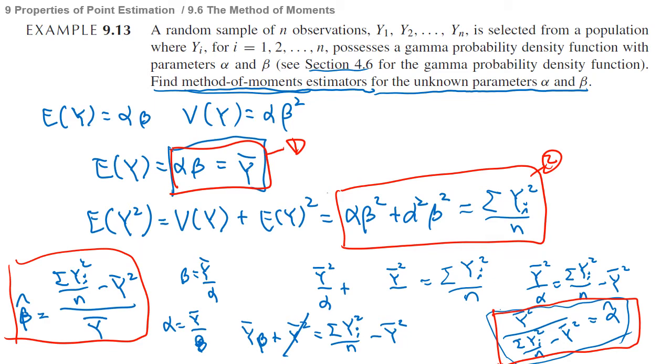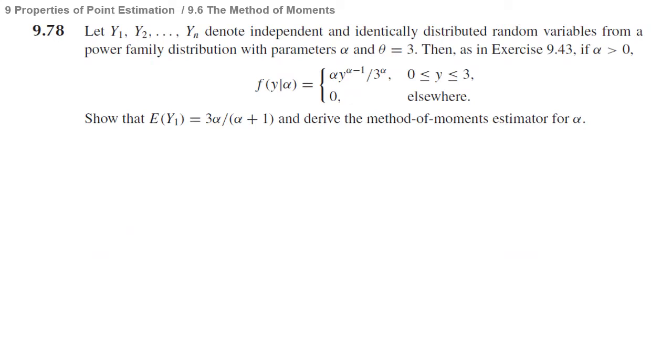Okay, let's try one more exercise problem, which is 9.78. Let y1 to yn denote independent and identically distributed random variables from a power family distribution with parameter alpha and zeta equals 3.